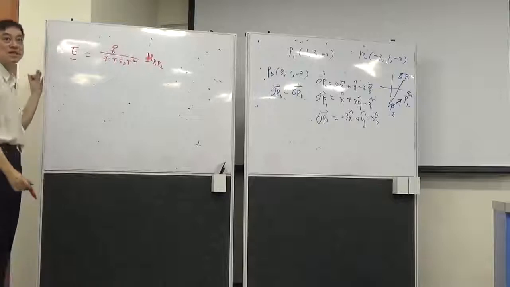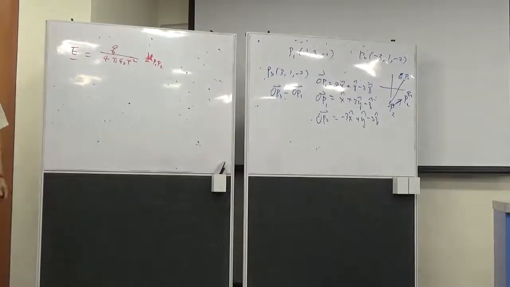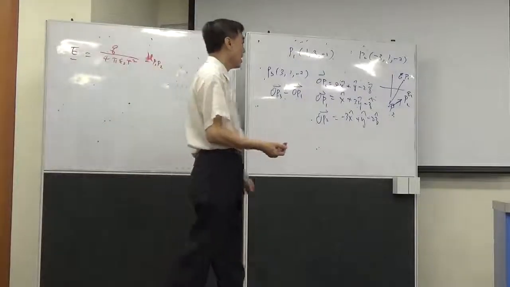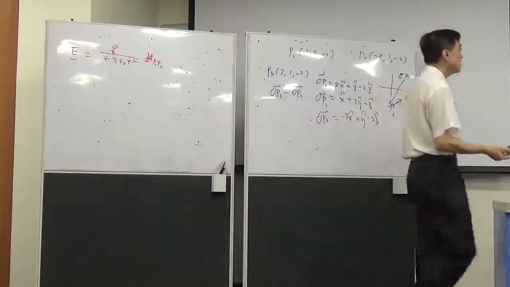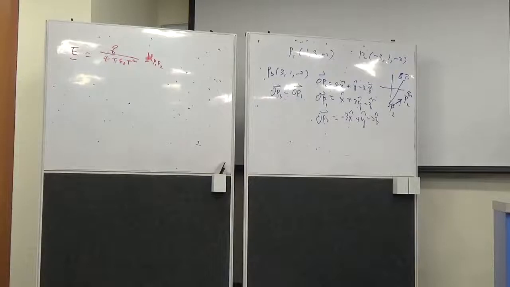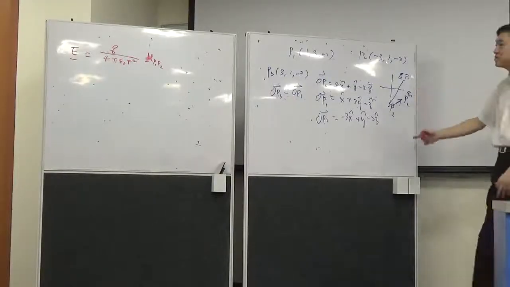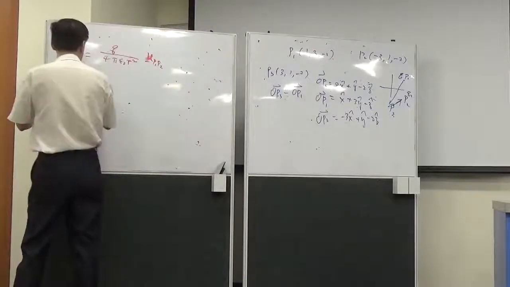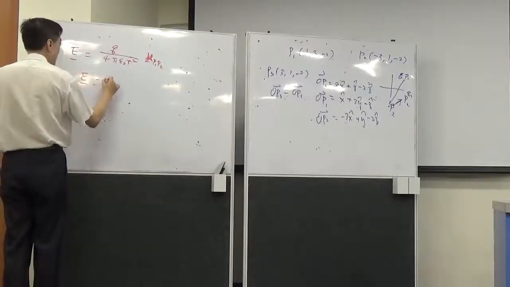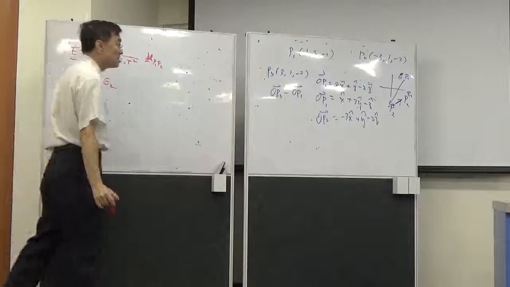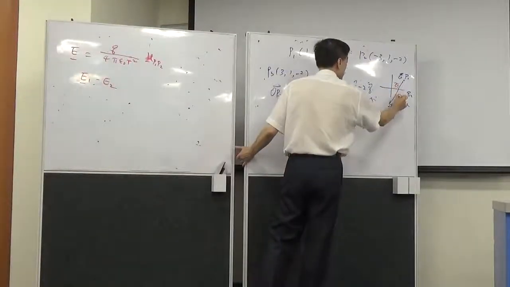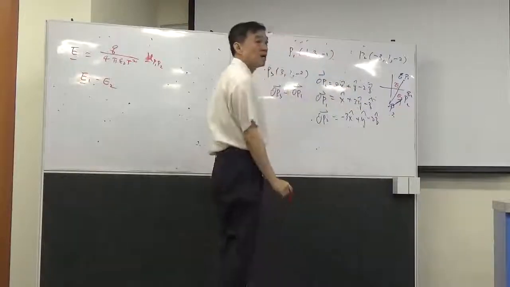Remember this one? Something like this. Okay? So now, what is the electric field at P3? The electric field at P3 comes from E1 minus E2. E1 is here, E2 is here.